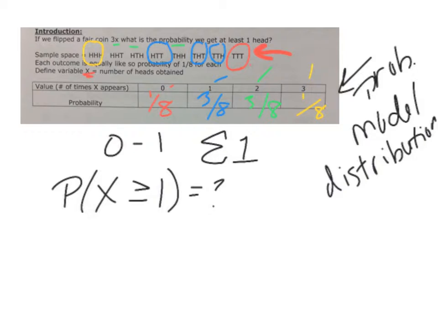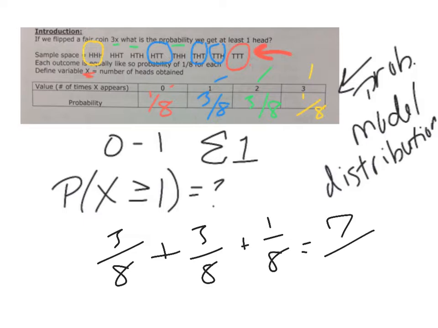To do that, I'm going to take all of my probability values that fit this criteria. 0 heads doesn't fit my criteria, because I want heads showing up 1 time or more. But heads showing up 1 time fits that criteria. Heads showing up 2 times fits that criteria. And heads showing up all 3 times fits that criteria. So my probability of getting at least 1 head is 7/8.